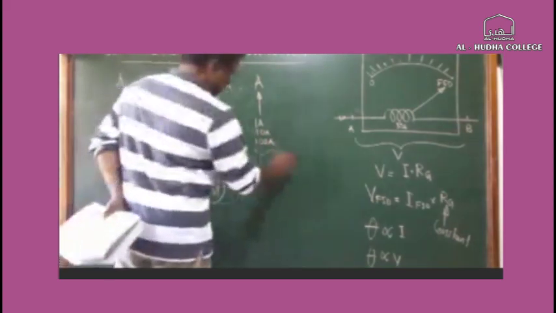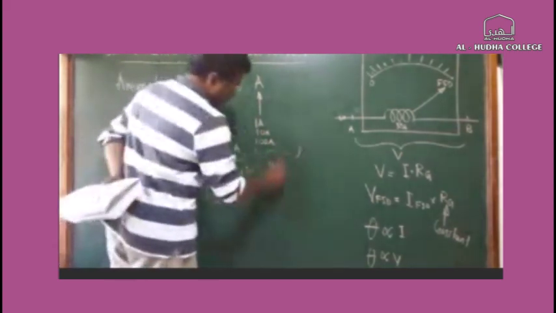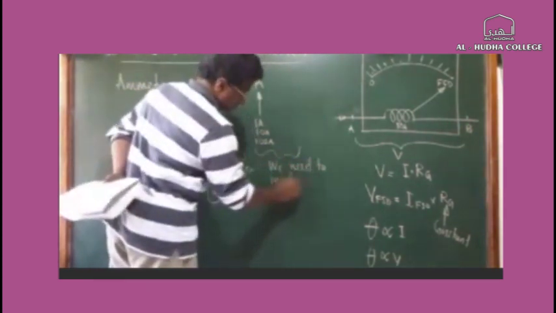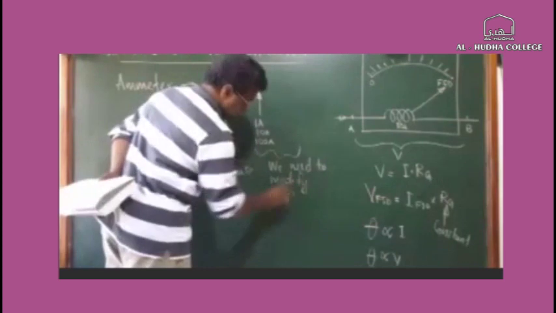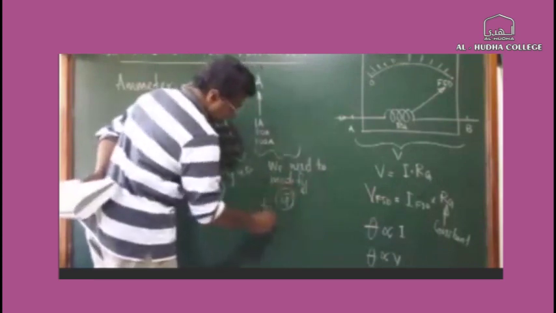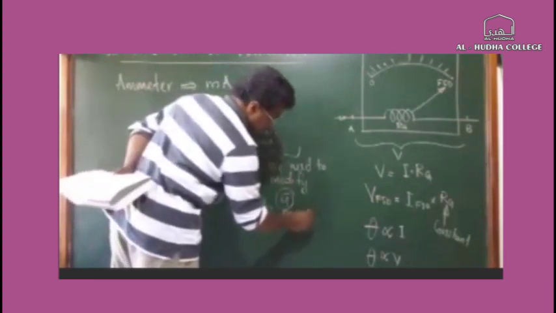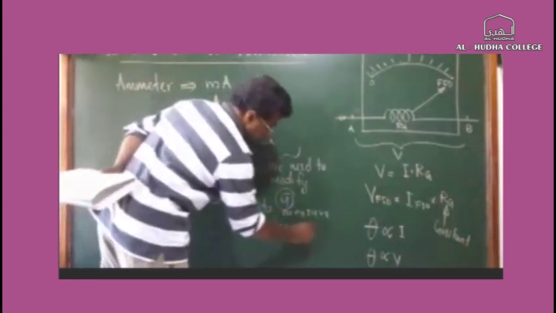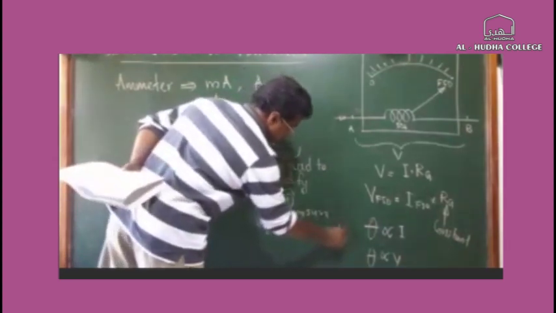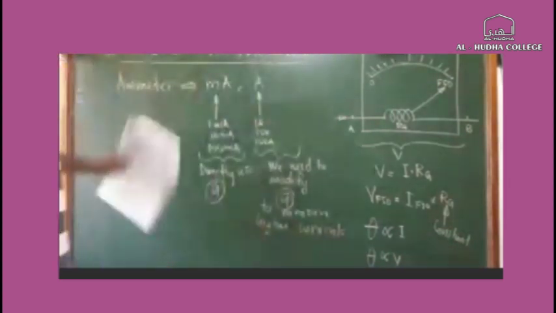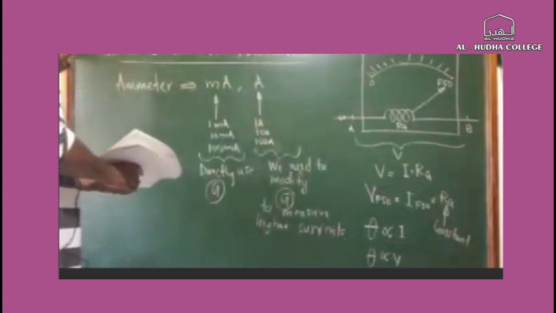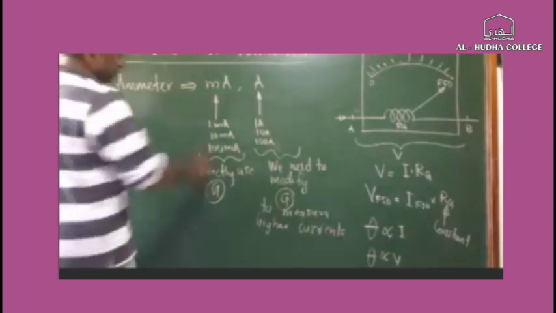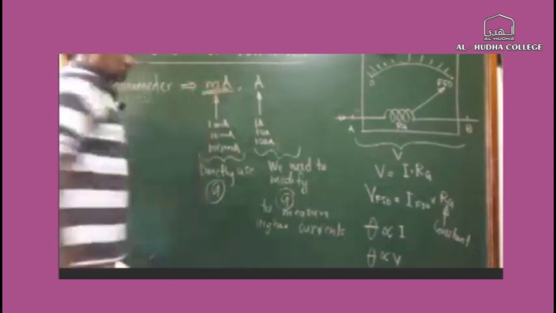Right? In this case, we need to modify G to measure higher values, higher current. Okay. So we will first take the case of galvanometer for measuring milliamps of current, right?